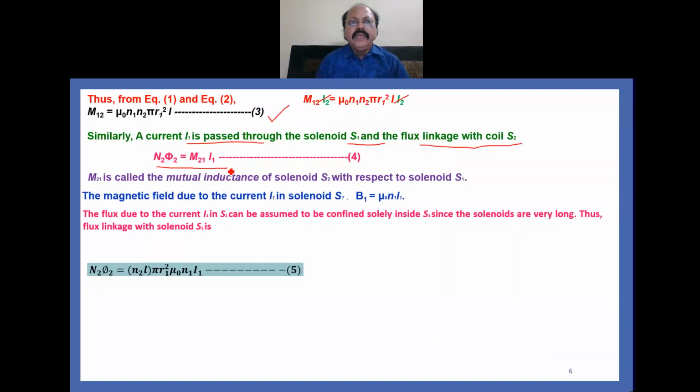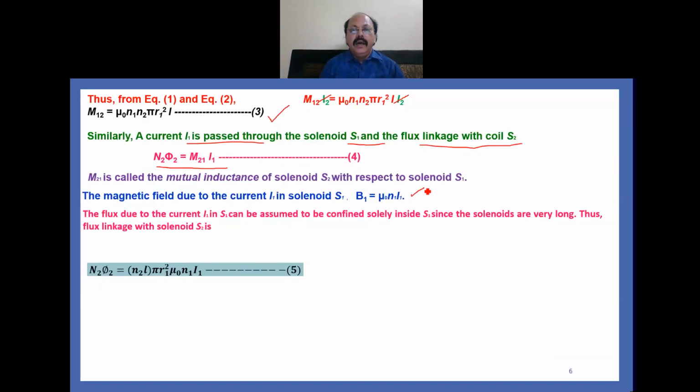Because the current I1 passes through the solenoid S1, the magnetic field due to the current I1 in the solenoid S1 can be written as B1 equal to mu naught n1 I1.